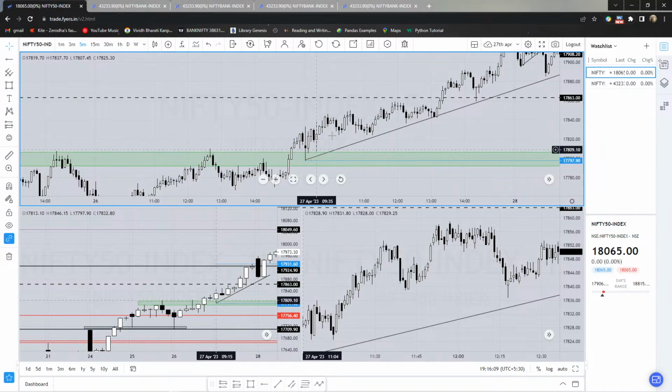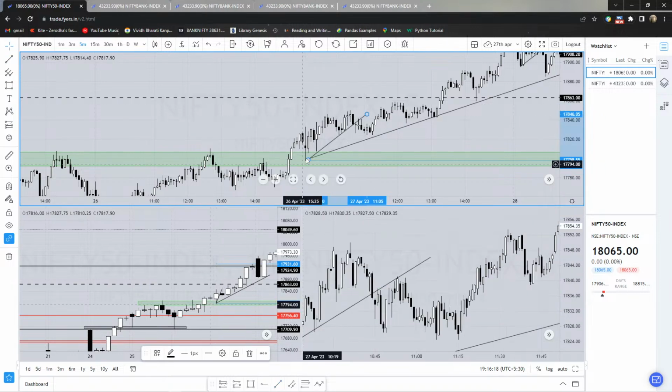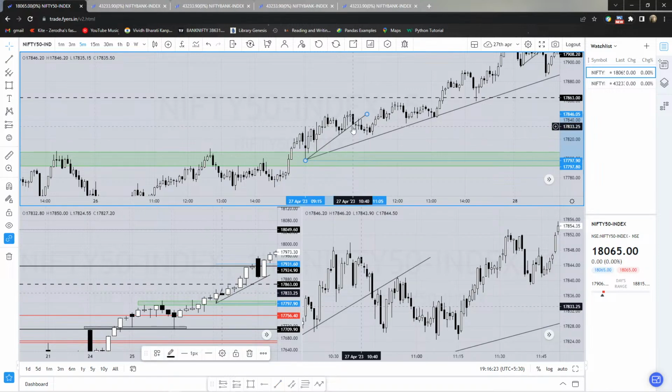Nifty was fine actually because there was another trend line, and I could have entered around this place.